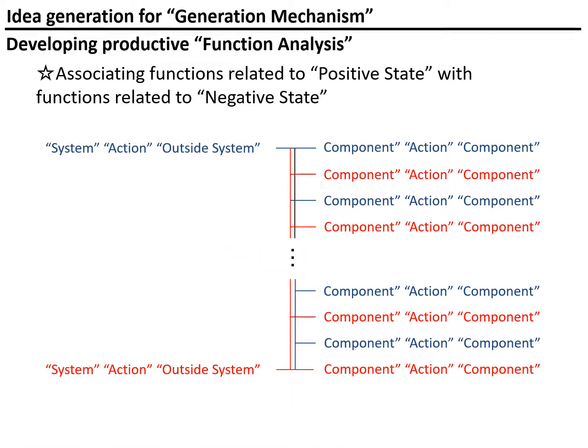Then what you need to do is associate the functions related to positive state with functions related to negative states, as shown in this illustration. As I mentioned, probably many of the functions related to positive state accompany the functions related to negative states. So your function analysis could be redrawn as shown in this slide.